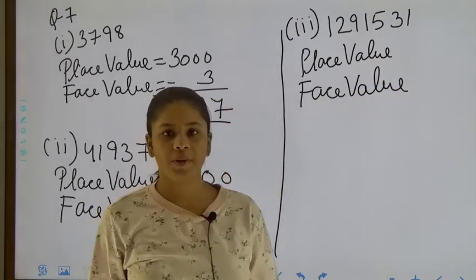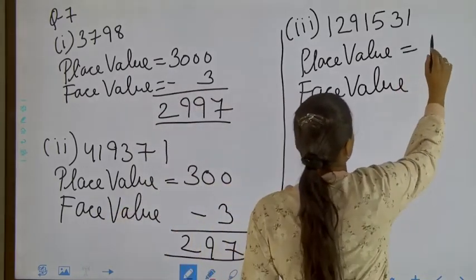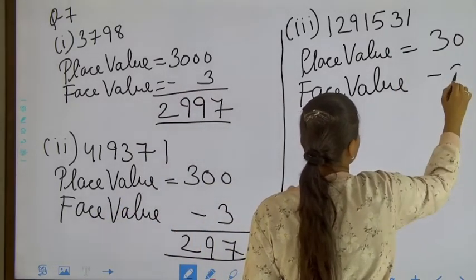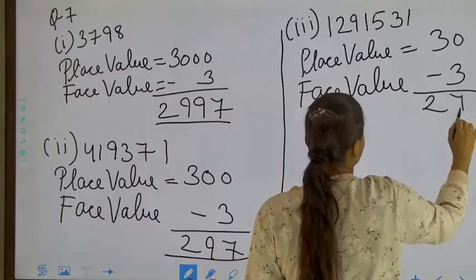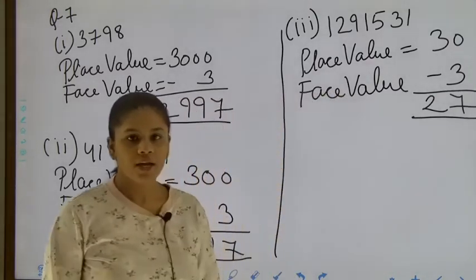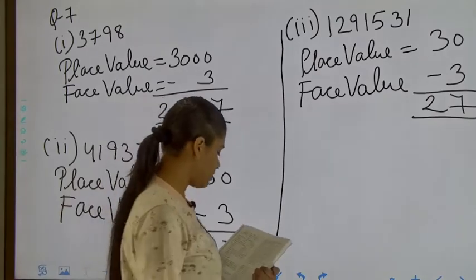Again we have to tell the place value of 3, that is 30. 30 minus 3, that is 27. Okay, now move to the next part, that is fourth.